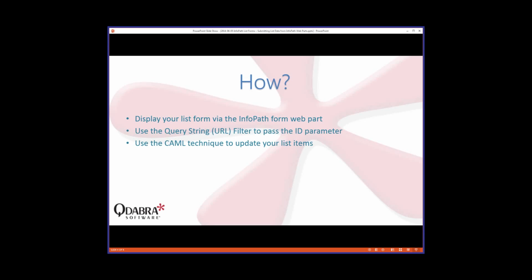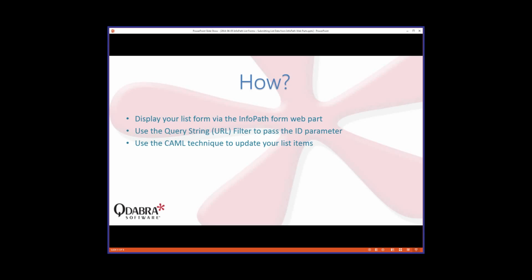And again, how are we going to do this? First, we're going to use the InfoPath form web part to get our form to display. And then there is also the query string URL filter web part. That's what we're going to use to pass the ID parameter into our InfoPath web part so it knows which list item to display.